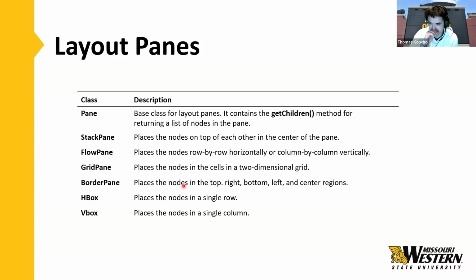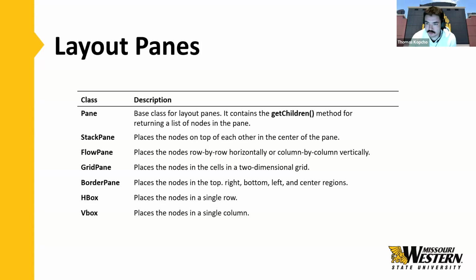You have BorderPane, which divides the UI into five regions: top, bottom, left, right, and center. This is used for classic application layouts where you have a menu bar at the top, status bar at the bottom, navigation on the left or right, and main content in the center. Each region can contain only one node, which can itself be a layout pane, allowing for nested layouts.